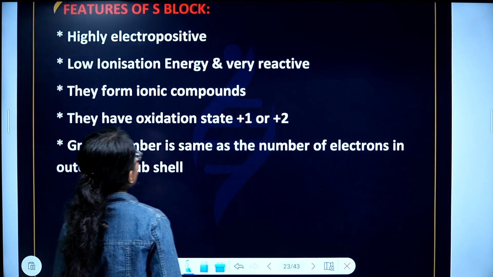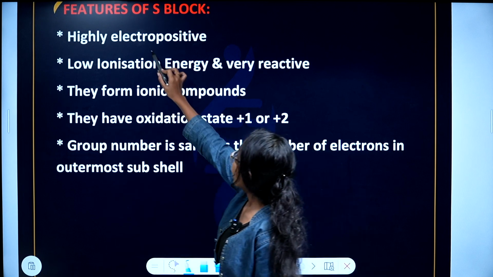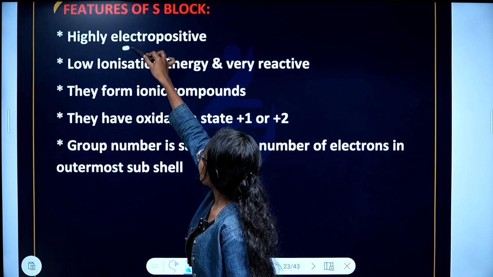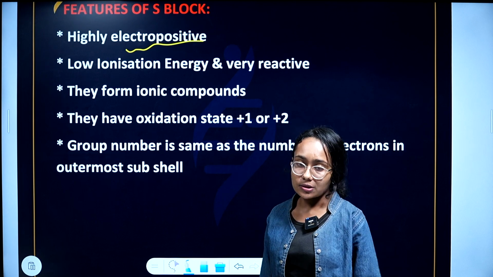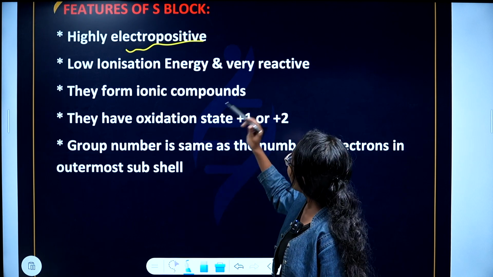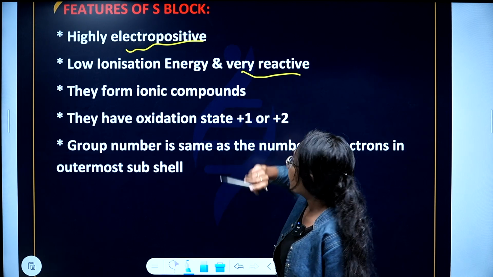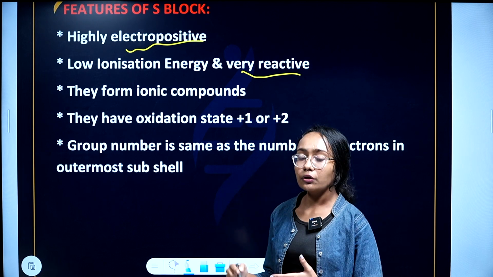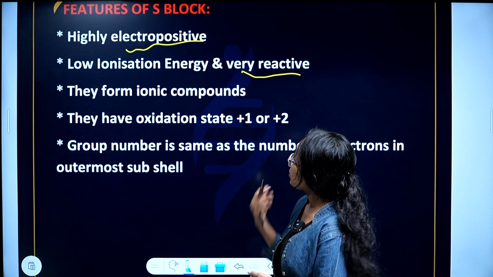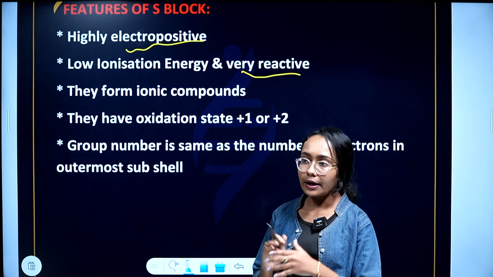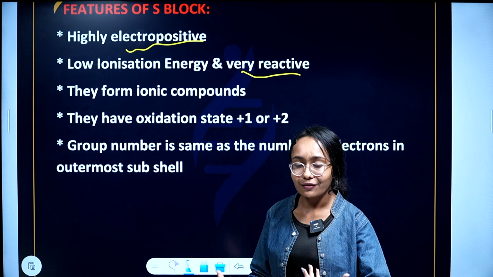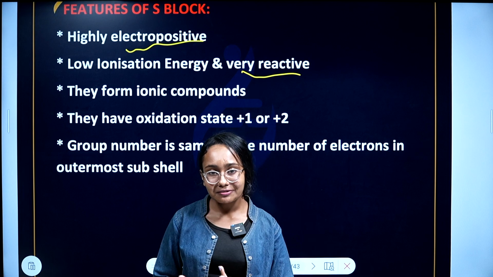Now the features of the S block: highly electropositive elements, low ionization enthalpy, and very reactive. They are very reactive with other elements, and they are willing to donate electrons, willing to become positive. How can an element become positive?